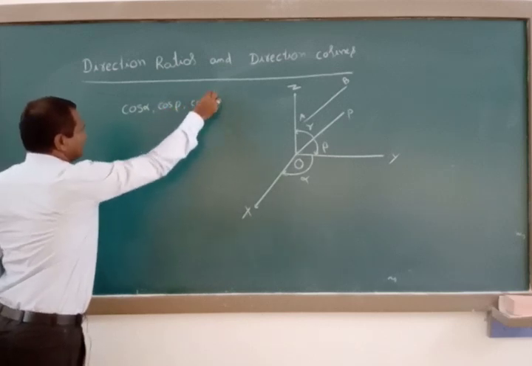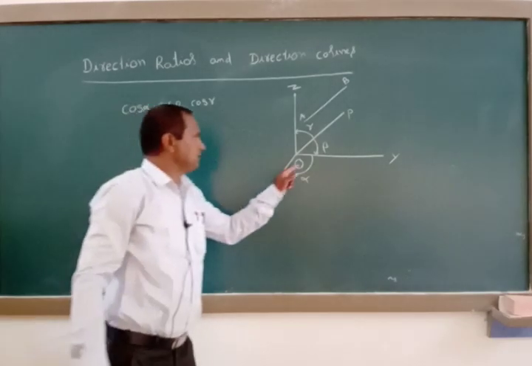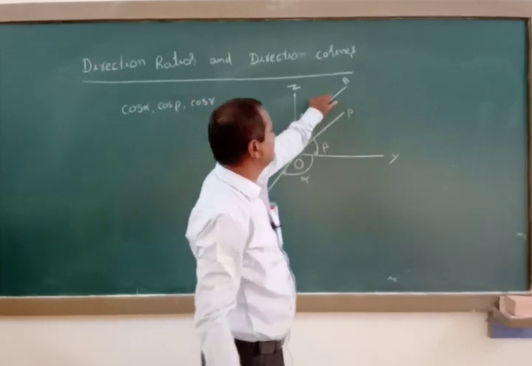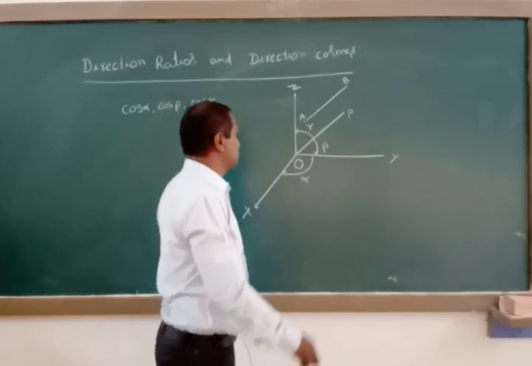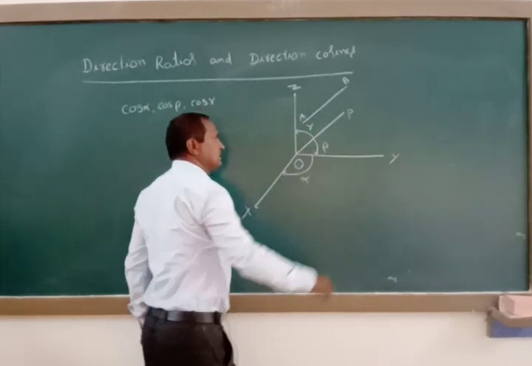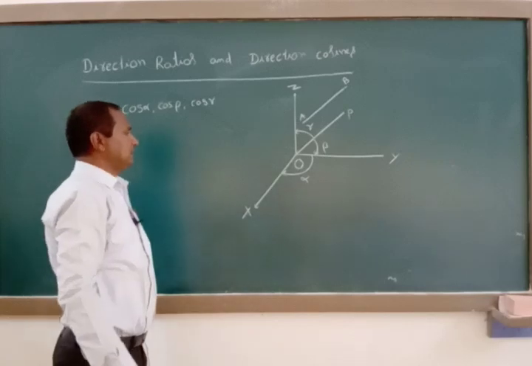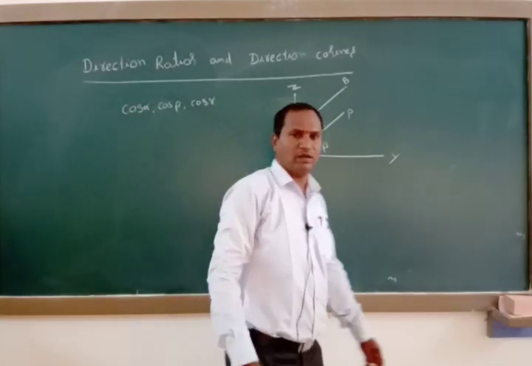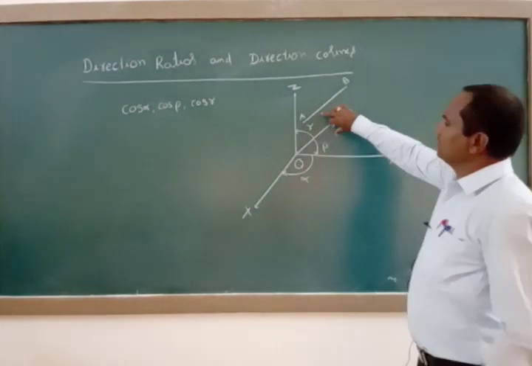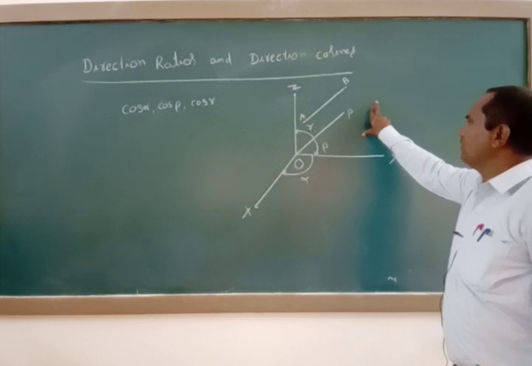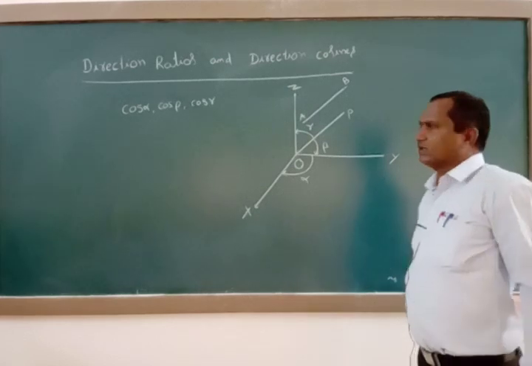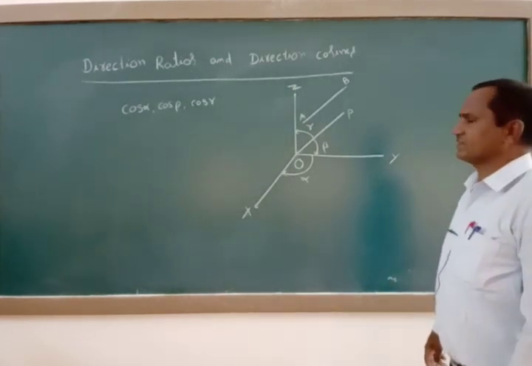Since AB and OP are parallel, the angles made by OP are the same as those made by AB. So the direction cosines of OP are also the direction cosines of AB, that is cos alpha, cos beta and cos gamma.